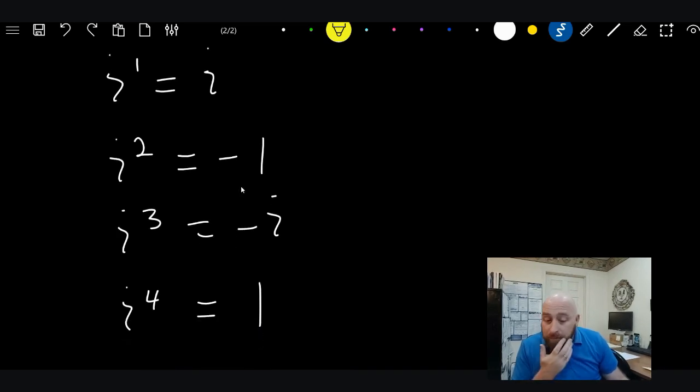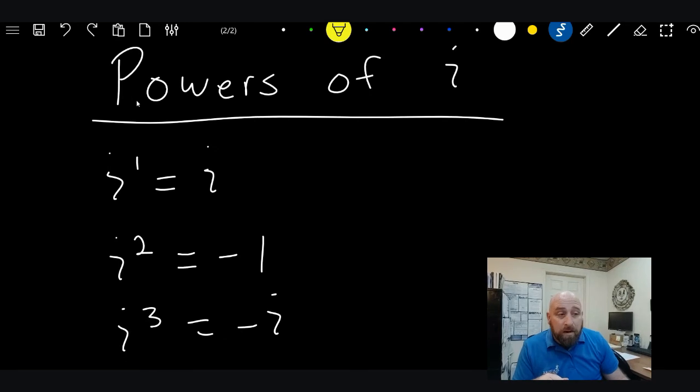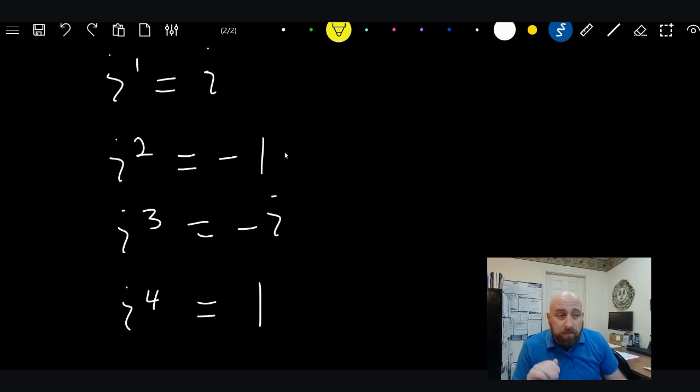Then you would have imaginary to the fourth power, and that is a 1. If you think of it this way, it's squaring i squared. When you square -1, well, -1 times -1 gives you 1. So there's some logic there. But anyways, these are key. These powers of i, you need to know these.